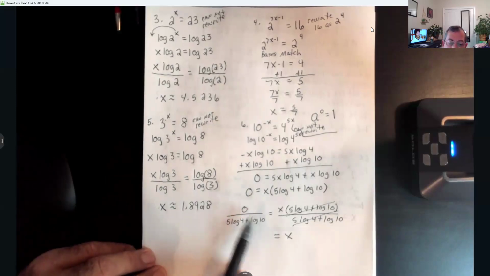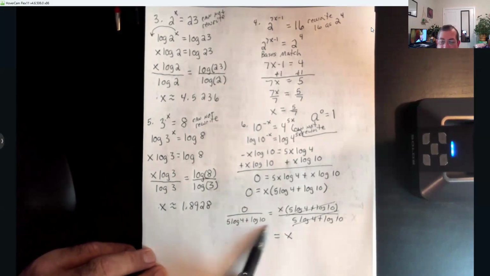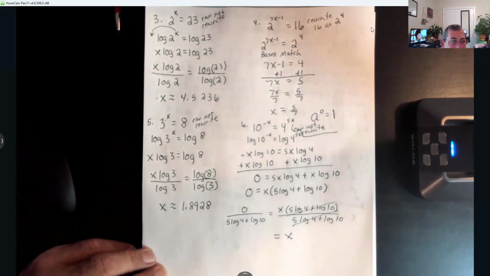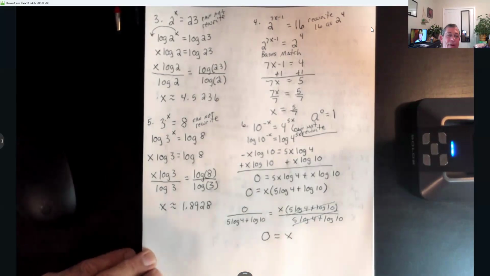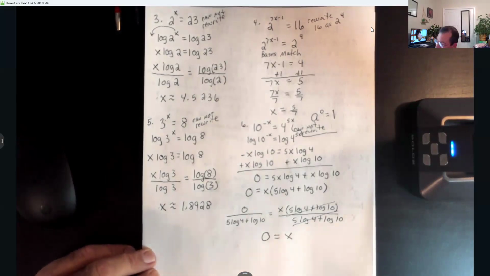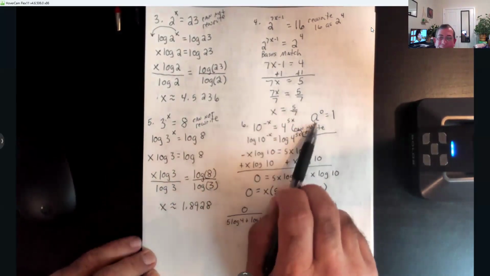But y'all look at that. I got a 0 divided by a lot of stuff under here. Well, it doesn't matter what all this stuff is. 0 divided by anything is 0. So y'all, that goes back to what we said up here.